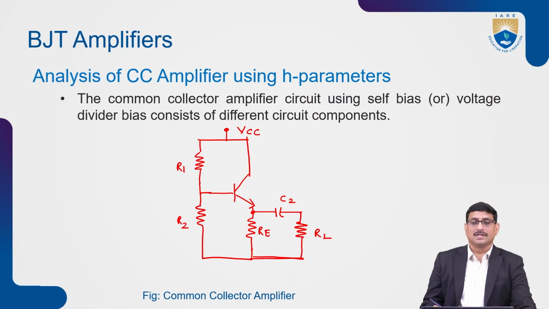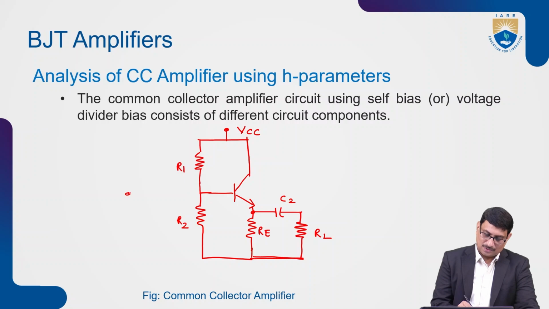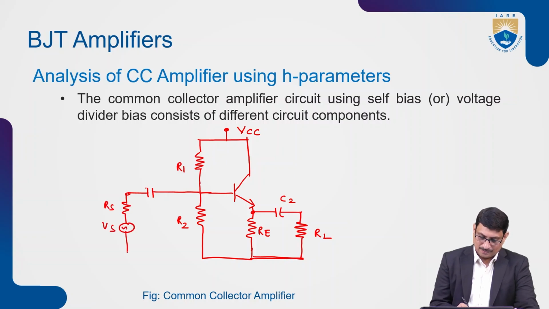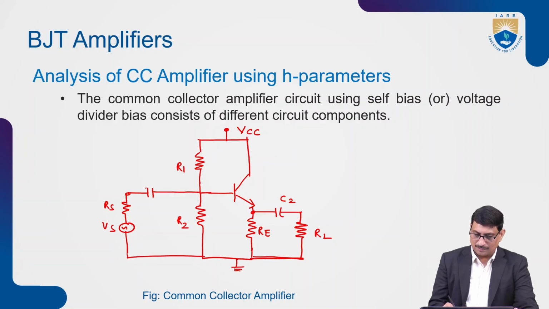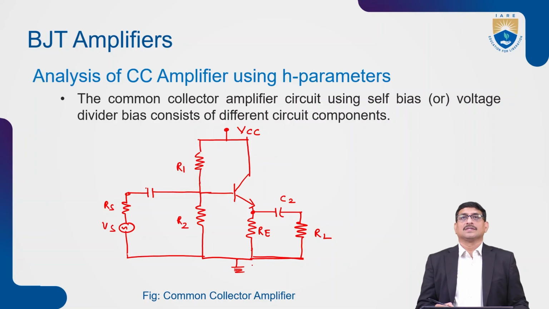The input is applied through a capacitor at the base terminal, with a source having internal resistance Rs and voltage Vs. This is applied to the input terminals, and the other side is connected to the ground, the common terminal. So this is the circuit diagram of a common collector amplifier.